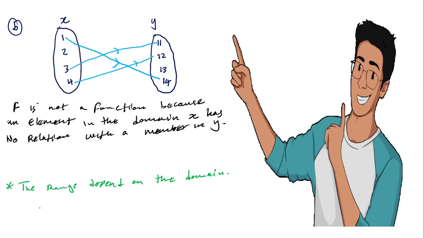I'm putting this emphasis because in the test and the exam they will tell you to identify and to give a reason. So my reason says it is not a function because an element in the domain X has no relation with a member in Y. I'm using the domain because a function depends on the domain.